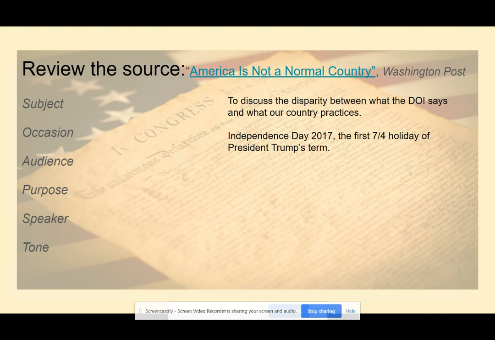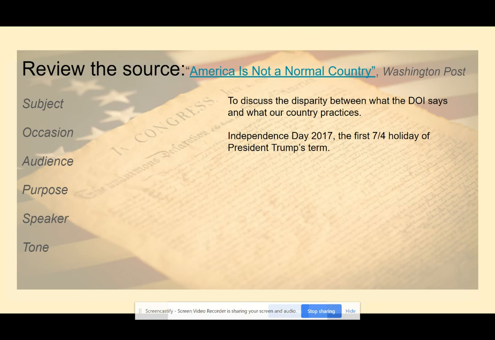According to the Electoral College vote, it was President Trump who won. That's the one that's written in our Constitution, the one that we go by. So there has been a lot of division between, should Trump have been president or not. So this is the first Independence Day where President Trump, because he took office in January, right? Okay. I remember it was my birthday.